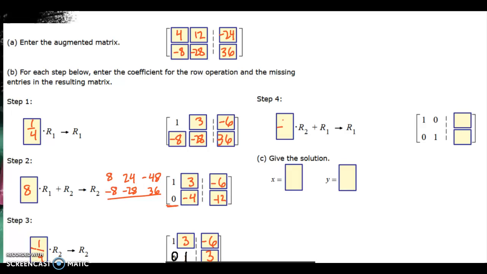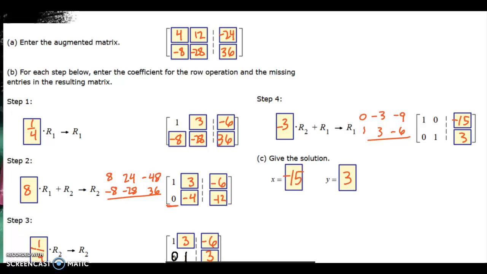I'm going to take negative 3 times row 2, which is 0, negative 3, negative 9, and add row 1, which is 1, 3, negative 6, to get, in row 1, 0 plus 1 is 1, negative 3 plus 3 is 0, negative 9 minus 6 is negative 15. And in the bottom row, I still have 0, 1, and 3. So x equals negative 15 and y equals 3.